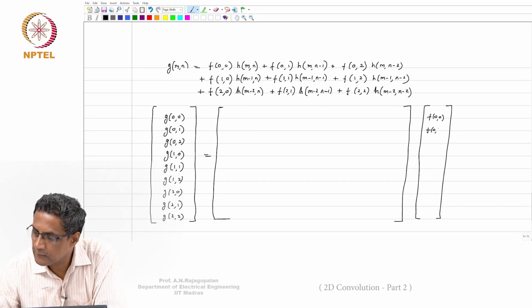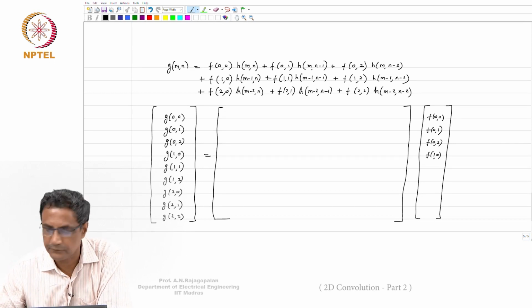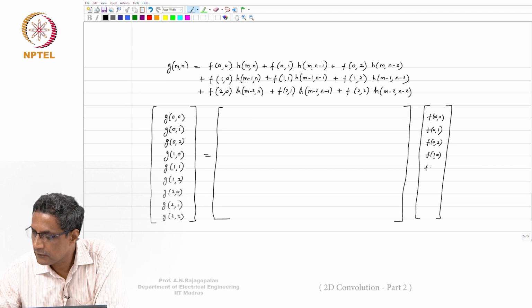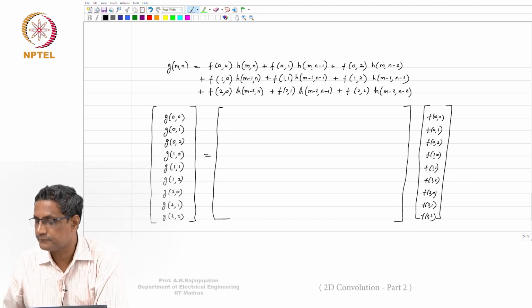F00, F01, F02, F10, and this all means that it is 0 padded. Okay, 0, 2 is 0. F11, F12, then F20, F21, F22.